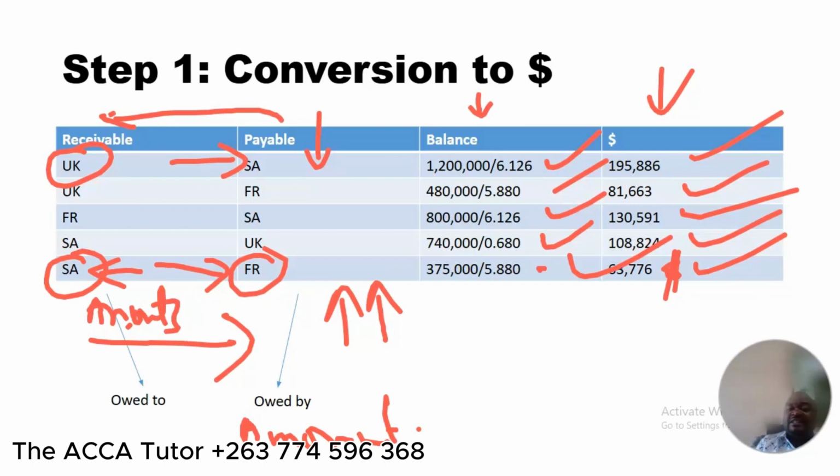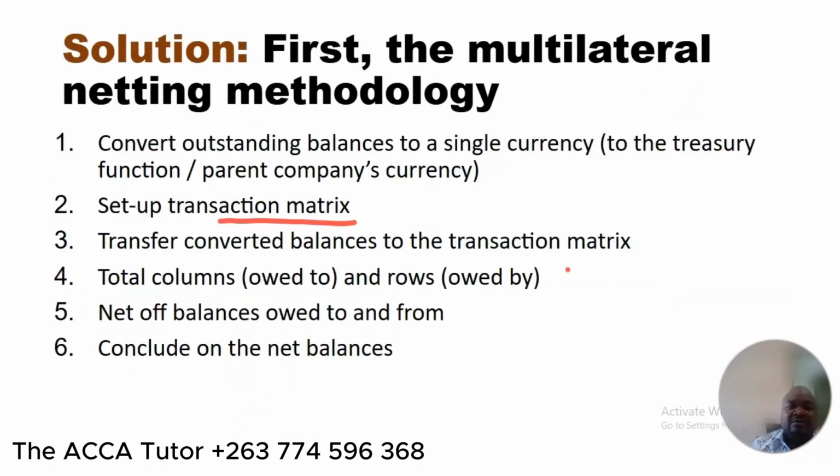Now, once we have done this, we have to construct the transaction matrix, where we have the owed by in columns, and the owed to in rows, something like that. Okay, the owed to are the total columns, and the rows are the owed by.